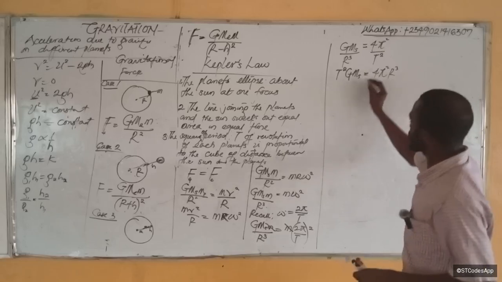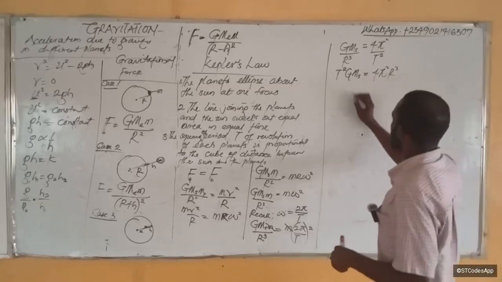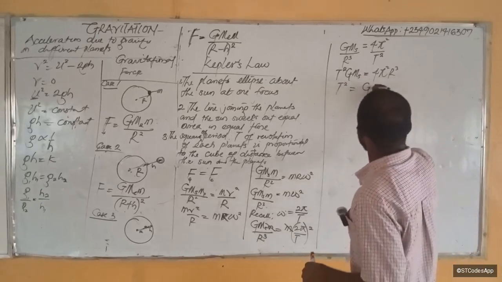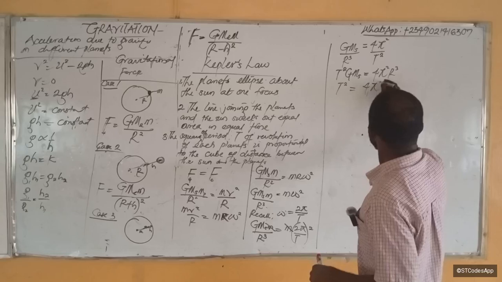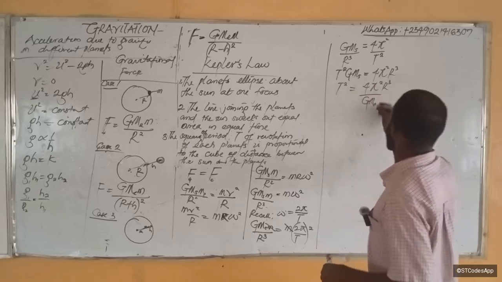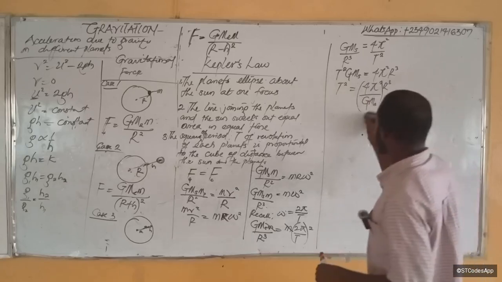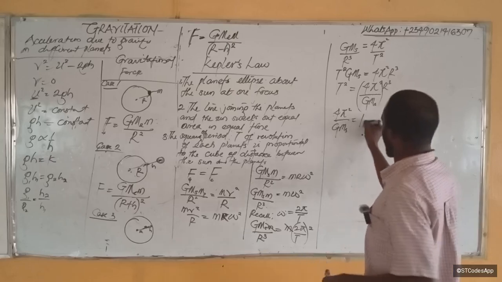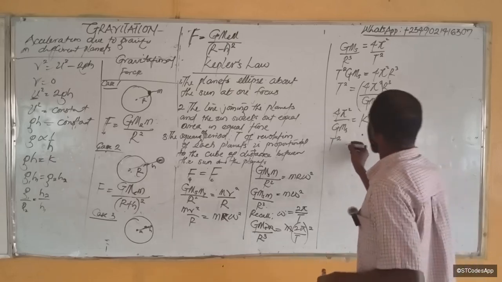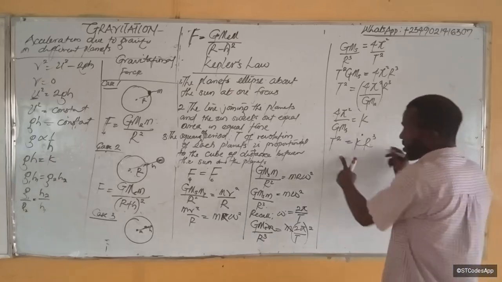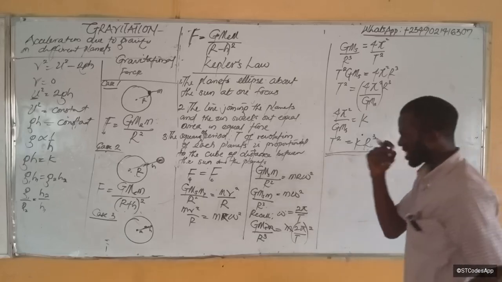Now notice that the mass of the sun is constant, the gravitational constant is a constant. Let me just write it this way: T squared will be equal to 4 pi squared r cubed over G Ms. So 4 pi squared over G Ms are constants. So T squared will be equal to k r cubed. They are directly proportional. So this proves it. Is that clear?